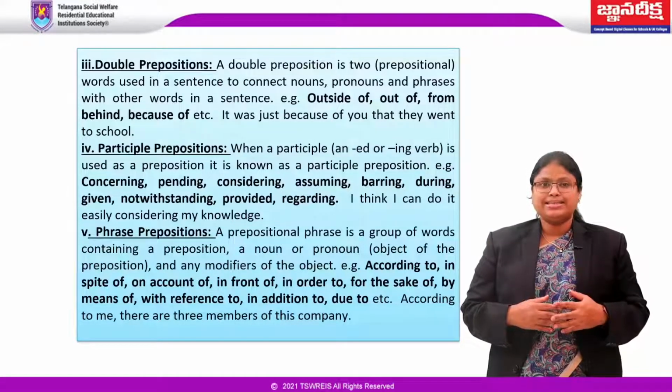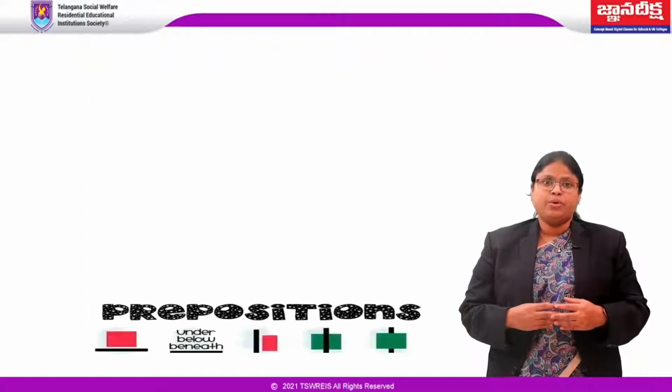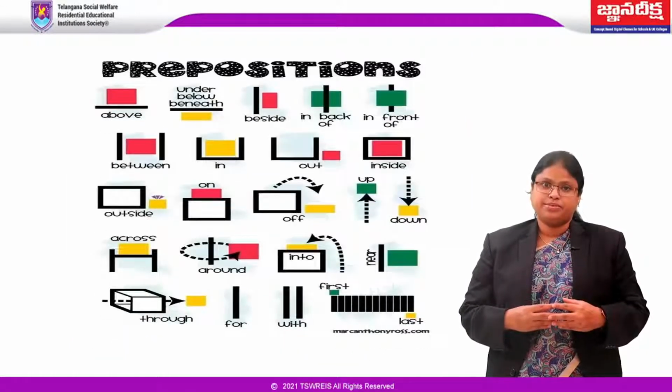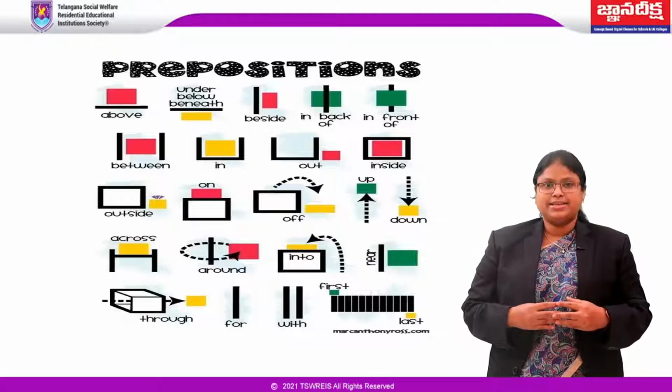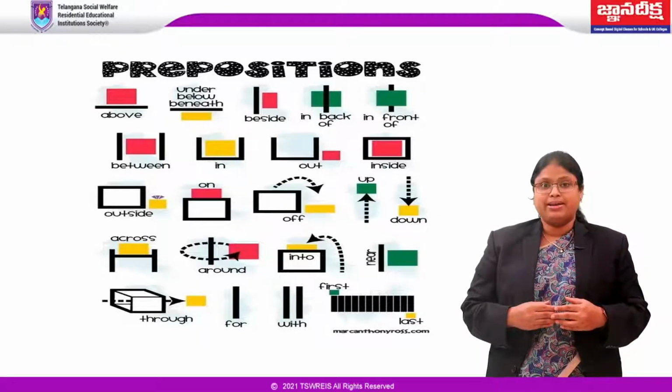Now, let us see the illustration given, which shows the different prepositions. In the first picture, there is a red box above the black line.